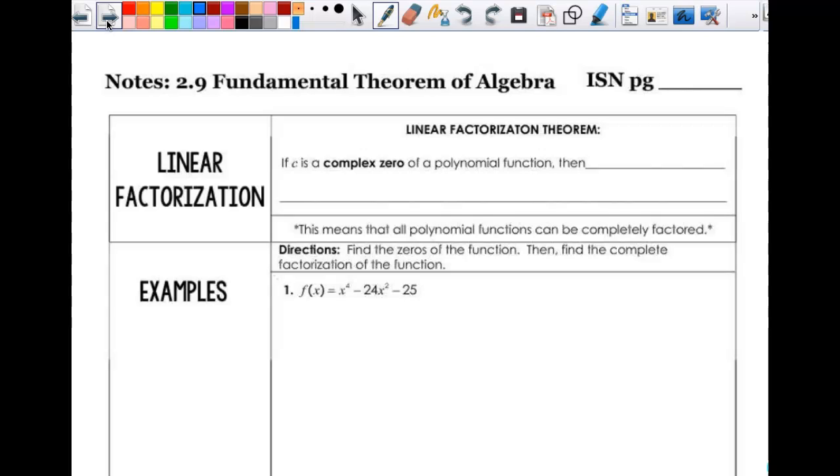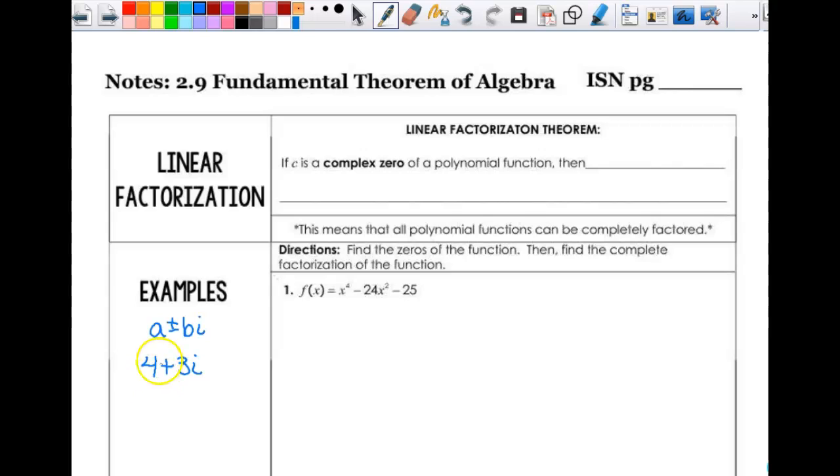An imaginary number is a plus or minus b times i, right? So I could have 4 plus 3i. That could be one of my imaginary numbers. So that's considered a complex number.